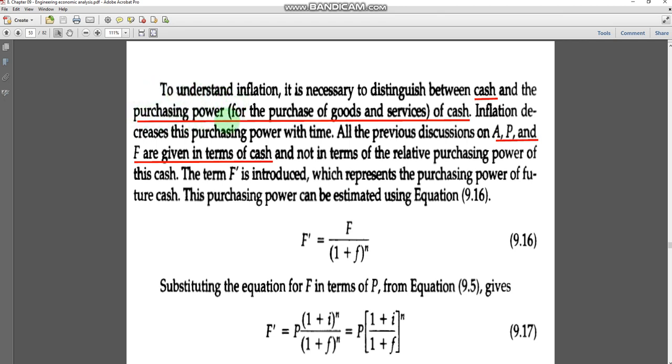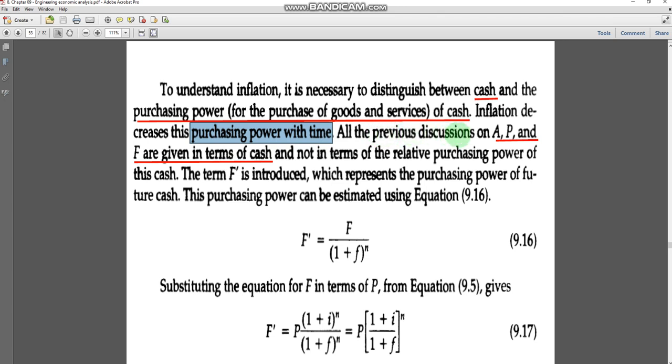Maybe you can buy only 2 items. So that is where inflation impacts. Cash and purchasing power are two different things. Inflation decreases this purchasing power with time.